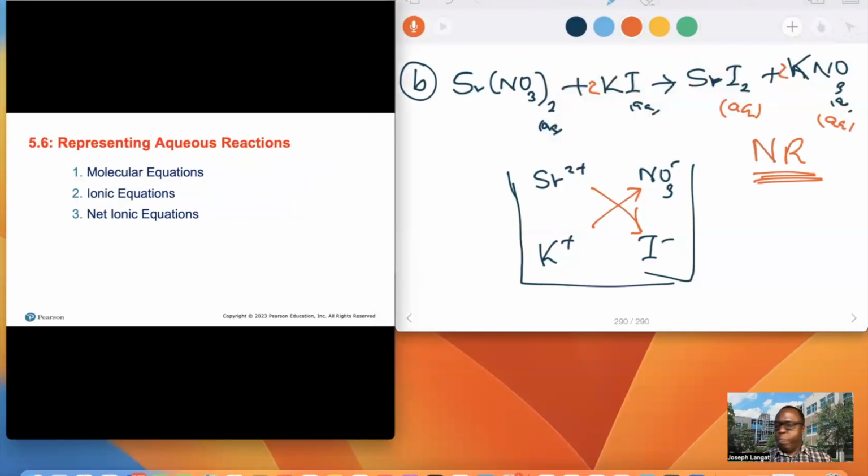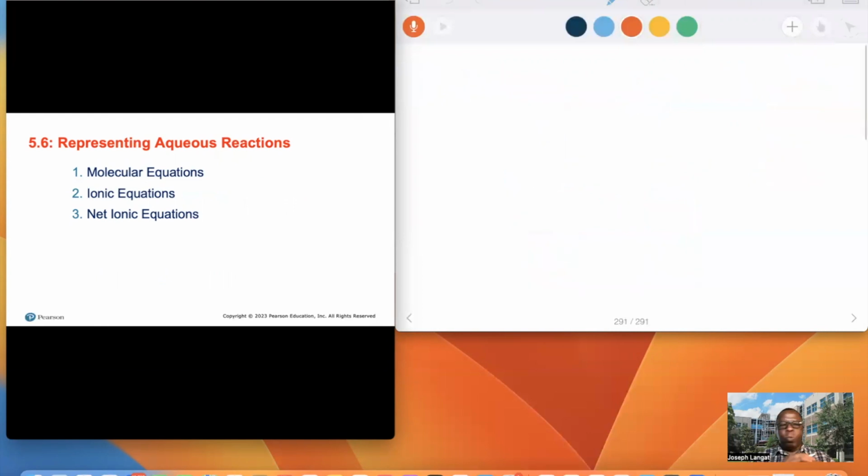Lastly, in this section, part P of chapter 5, I want to look at representing aqueous reactions. Remember, aqueous reactions are reactions taking place in a solution where liquid H2O, or just water, is used as a solvent.